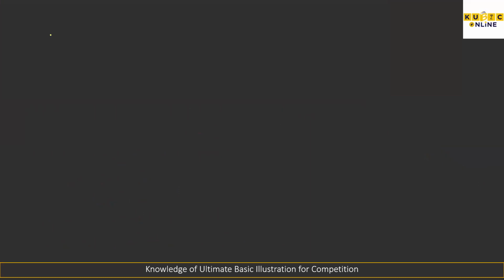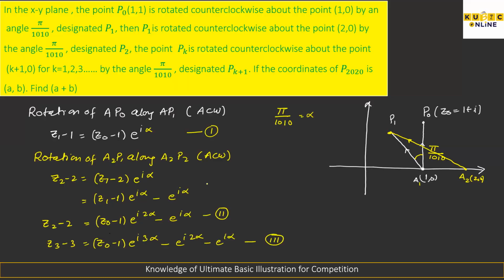So we have to solve for zk. Then we get zk minus k equal to z0 minus 1 into e to the power I k alpha. Why is it k alpha?